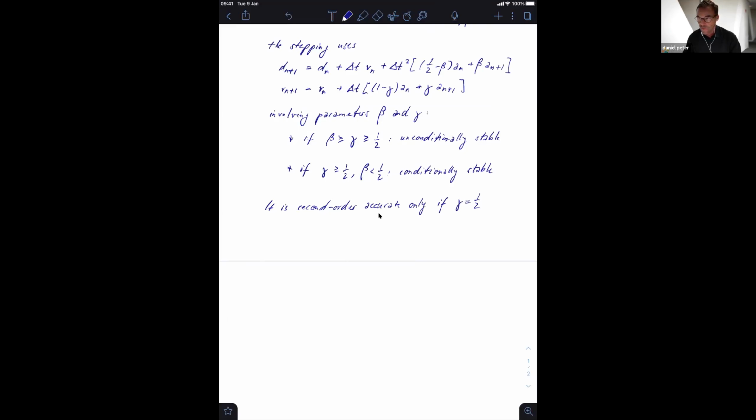Good, that's something that we want actually. We want to have a second order scheme at least. So that will pretty much determine what we will choose for gamma to be.